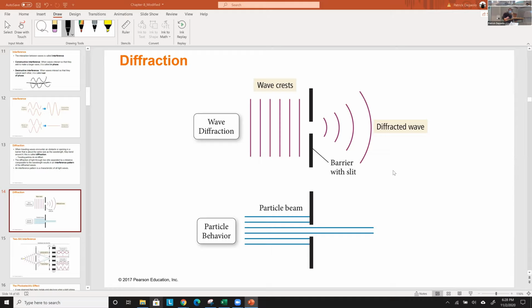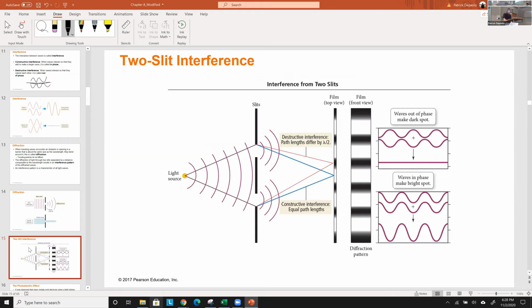That's what that means. So you could also have two-slit interference, which means if you have a light source and it goes through two different slits on the same barrier, you get a pattern of constructive and destructive interferences, like I was saying before.